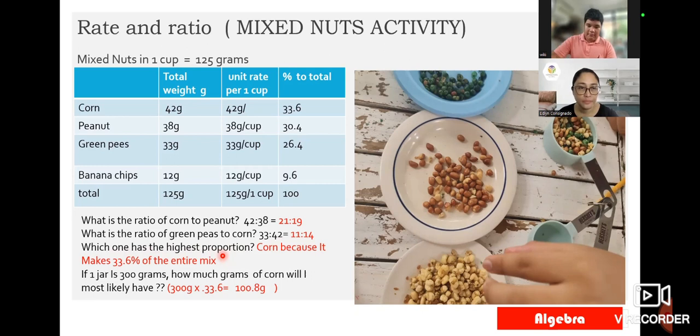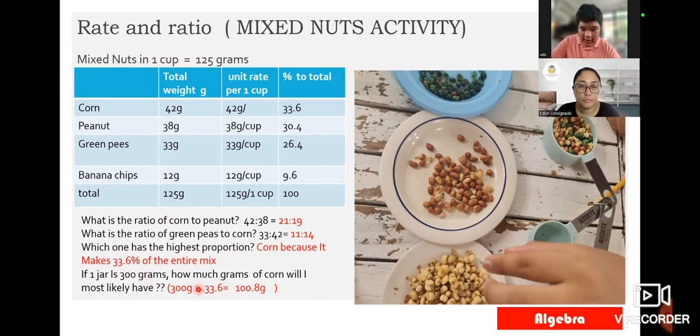And mom added a new one, which is, if one jar is 300 grams, how much of corn will it most likely weigh? The mixed cup of nuts weighed around 1,125 grams. So what I did here, I did a very easy one for corn.